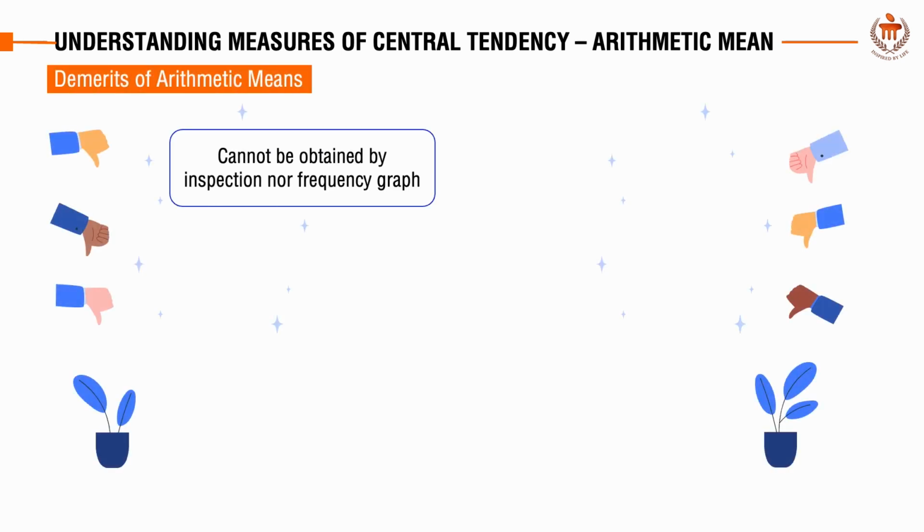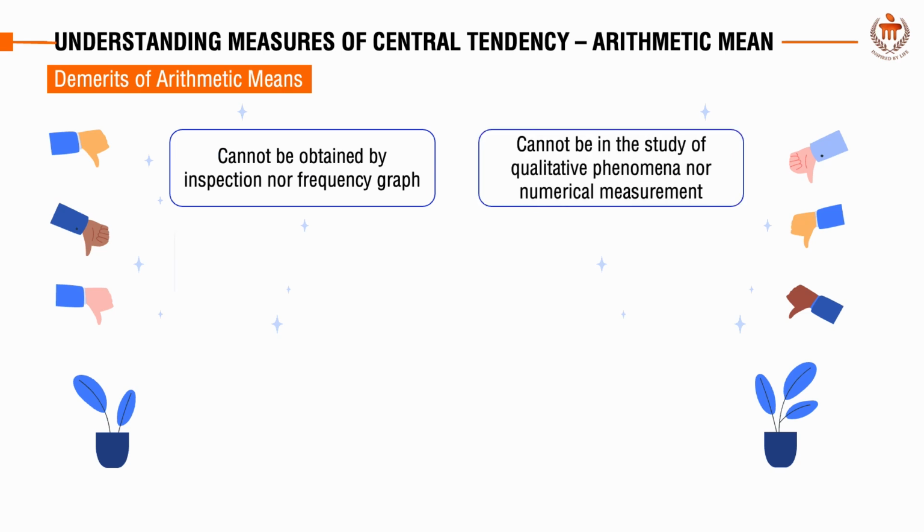Demerits of arithmetic mean: it cannot be obtained by inspection nor by any frequency graph. Another demerit is that it cannot be used in the study of qualitative phenomena of non-numerical measurement, like intelligence, beauty, honesty.